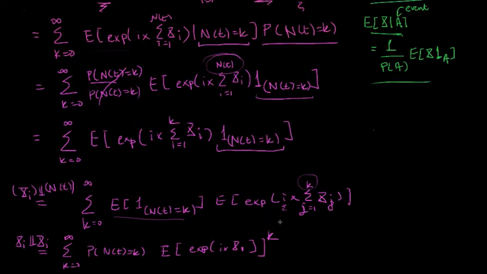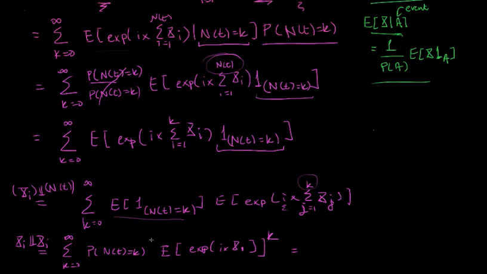And actually, if I'm really interested in just finishing this off, I can also write up a closed expression for it. So let's just do that since we're almost there anyways. So what do I have? I have the probability that N(t) is equal to k.